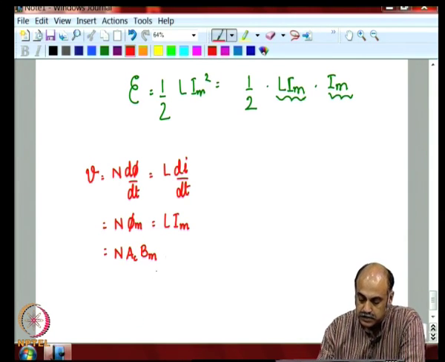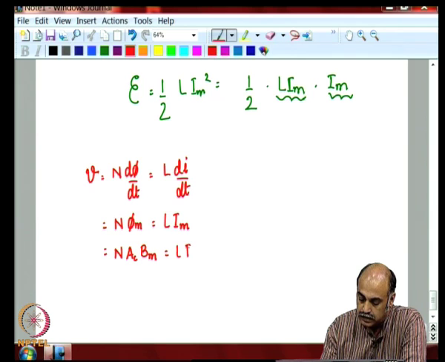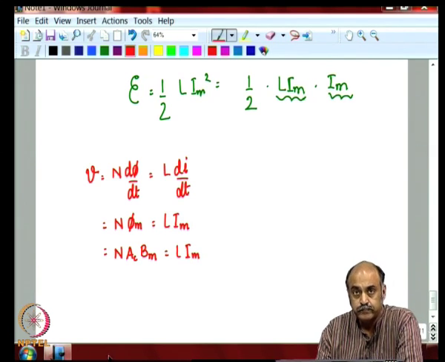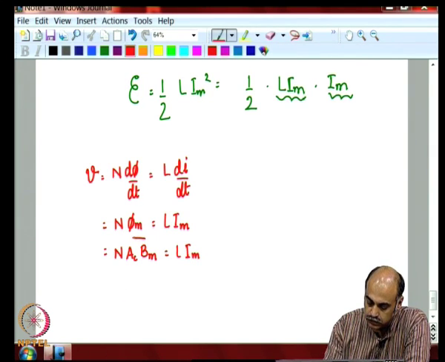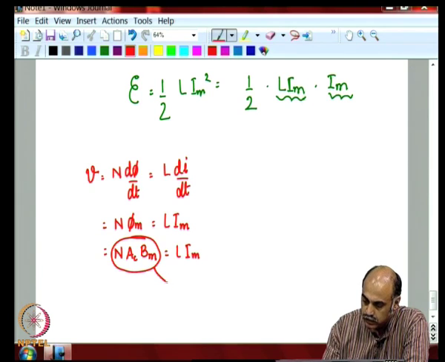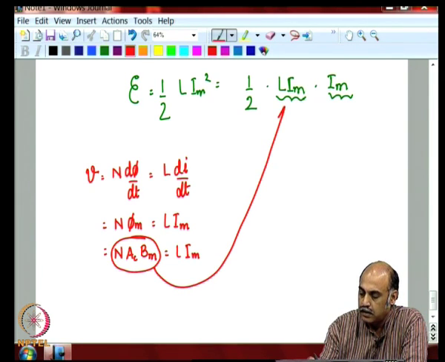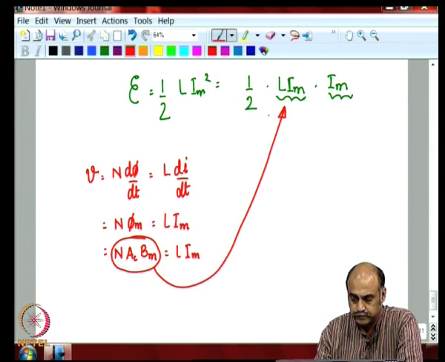B m is the flux density, that is equal to L I m. So, this we can incorporate here.